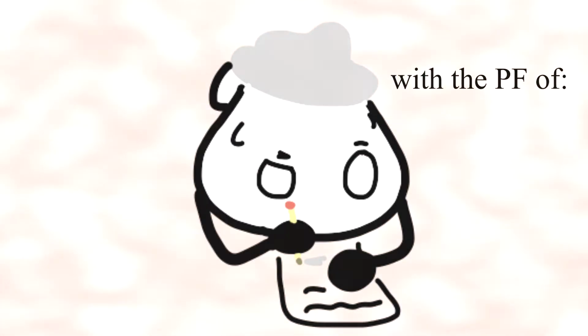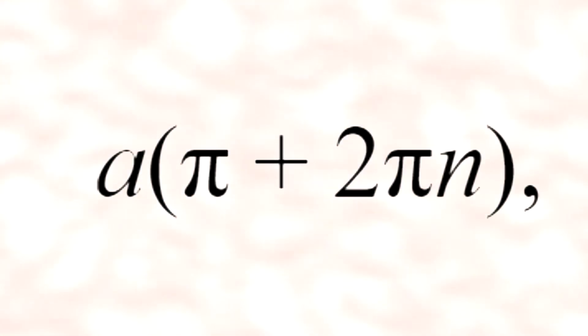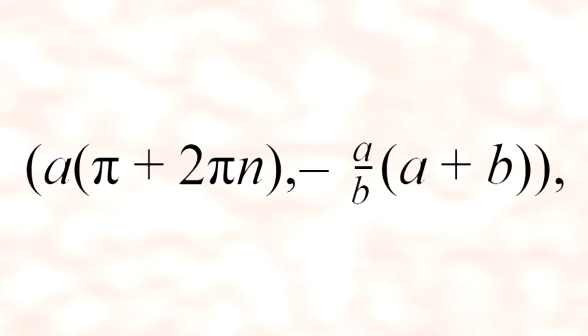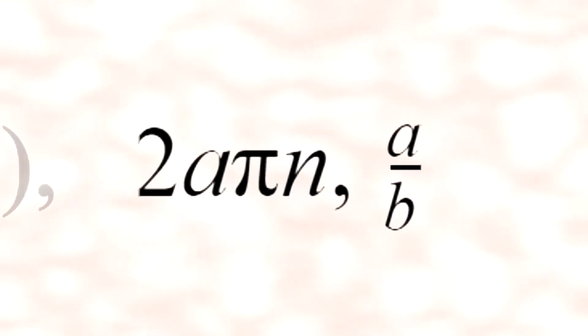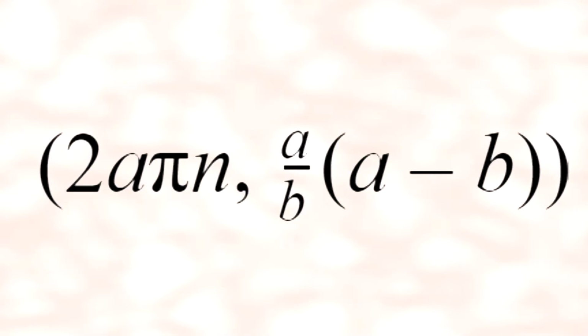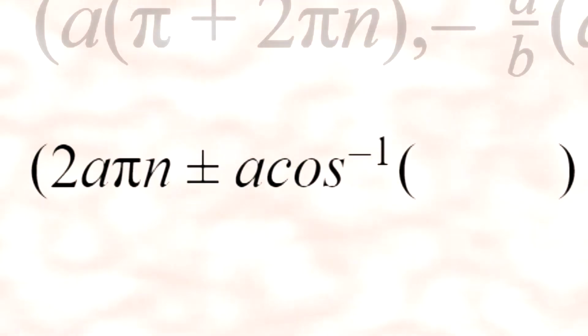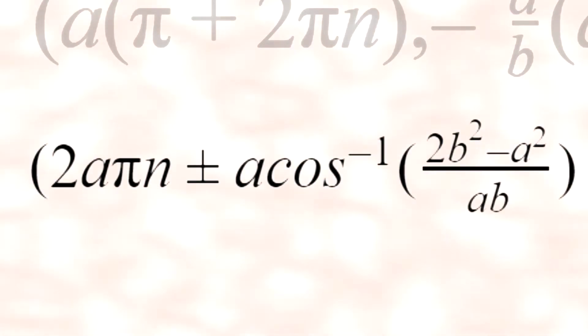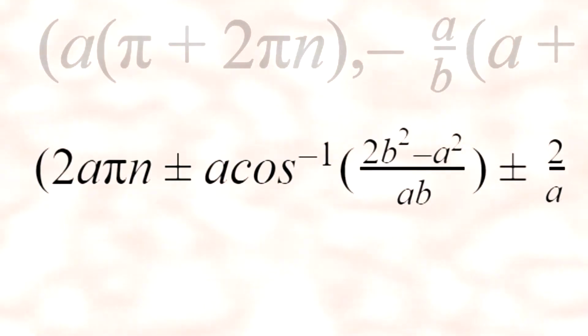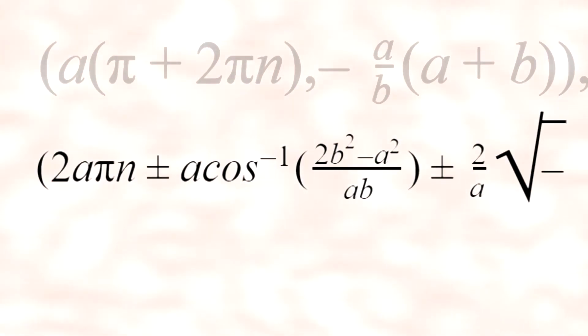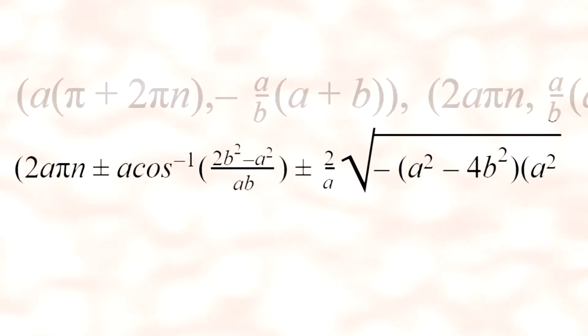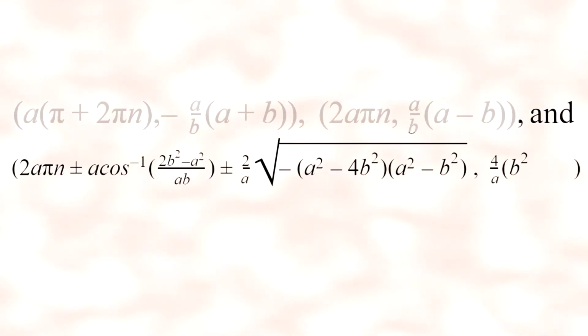with a pseudofoci of a times pi plus 2 pi n, comma, negative a over b times a plus b, 2a pi n, comma, a over b times a minus b, and, get ready for this, 2a pi n plus minus a times inverse cosine of 2b squared minus a squared over ab, plus minus 2 over a times the square root of negative a squared minus 4b squared times a squared minus b squared, comma, 4 over a times b squared minus a squared.